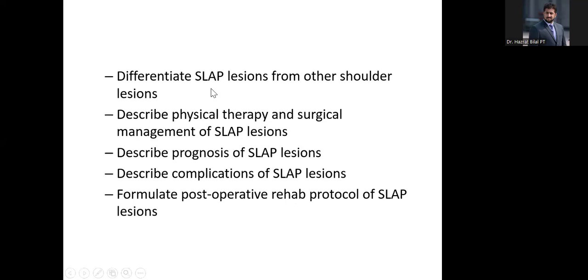Then we discussed differentiating SLAP lesion from other shoulder lesions, and this will continue in today's session: how we can detect the SLAP lesion, how we can use medical imaging, and which medical imaging is more appropriate for detection.